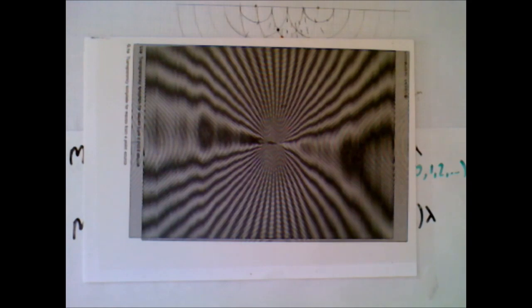You can also do this with sound. If you have 2 speakers a certain distance apart, playing the same sound of the same fixed frequency, and you walk along in front of the speakers, you will find the sound gets louder and then quieter. You go through maxima and minima.